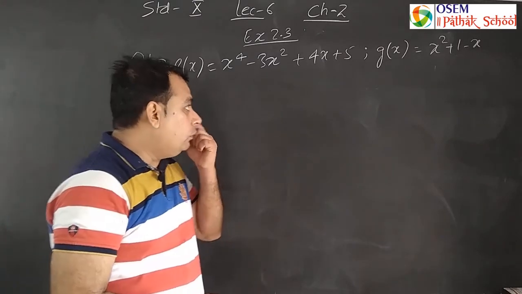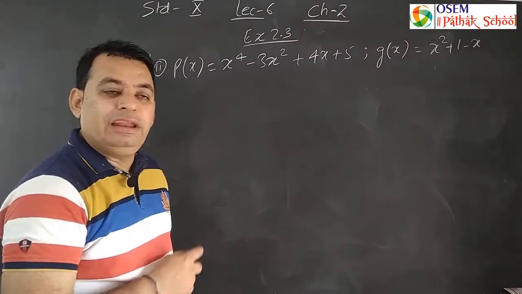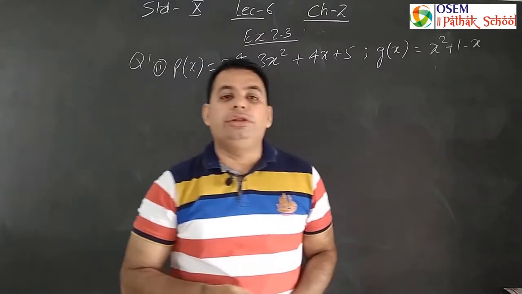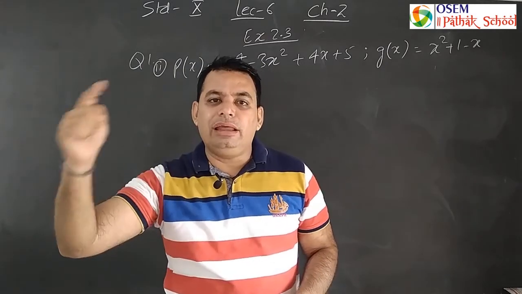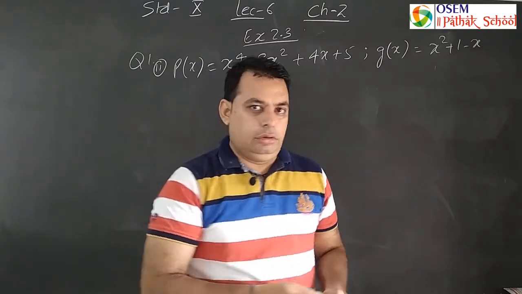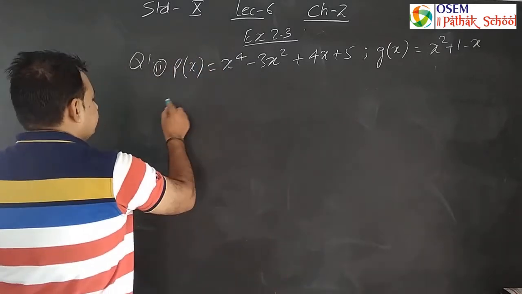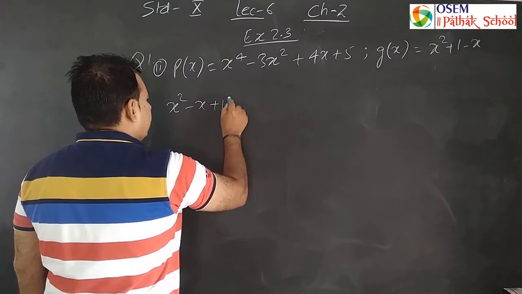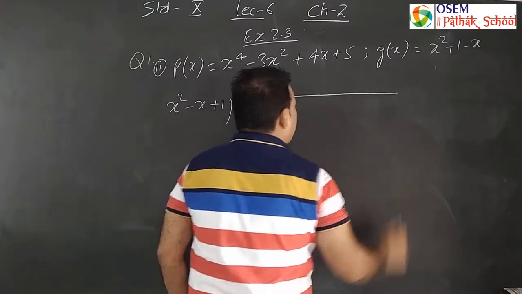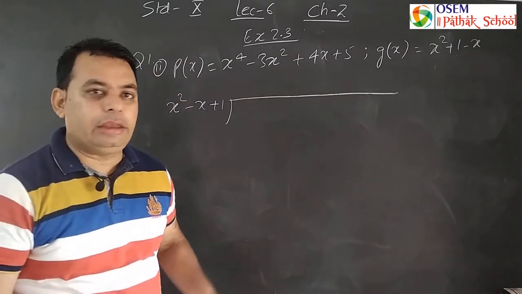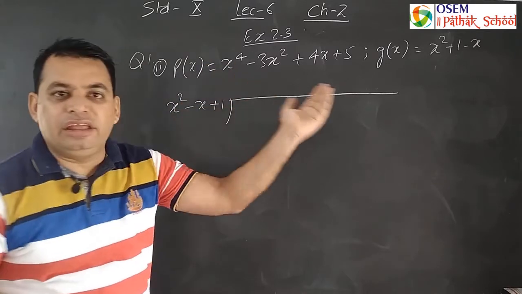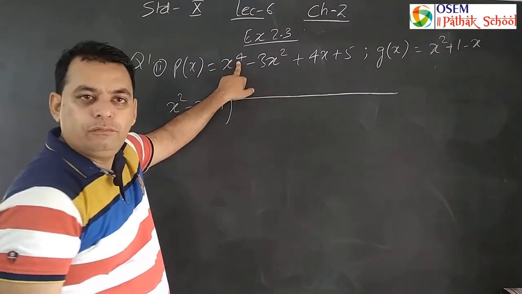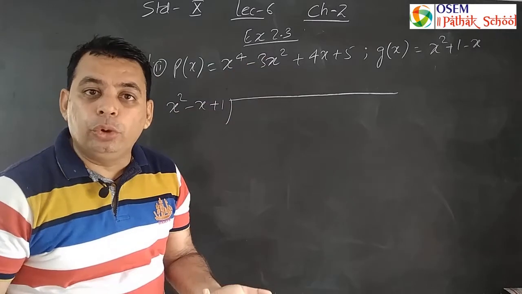First of all, we will arrange these things because it is not in the form of x square, x and number. So I am arranging this as x square minus x plus 1. Now, students, keep in mind that you have to keep the power in decreasing order. What you see over here is x^4, but there is no cube.